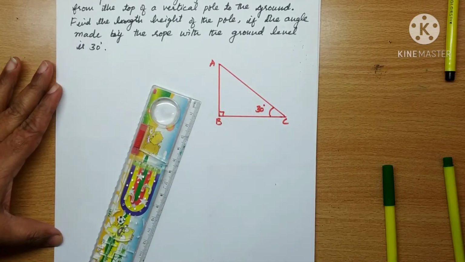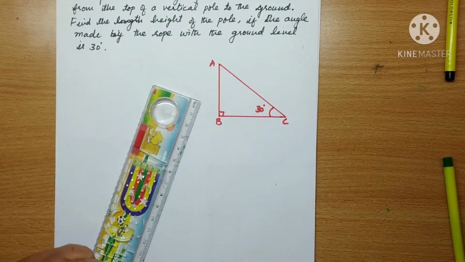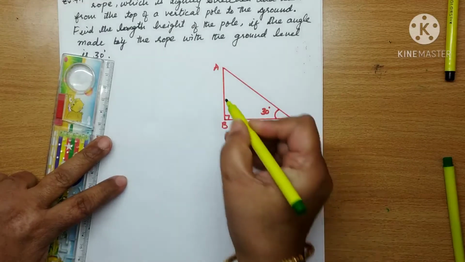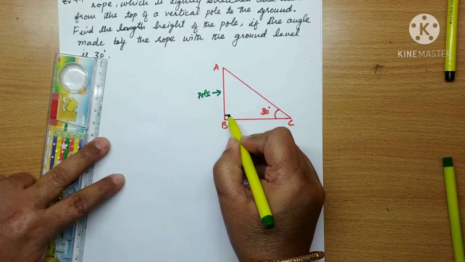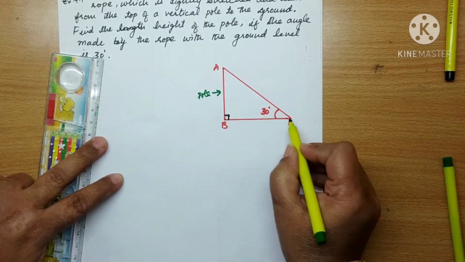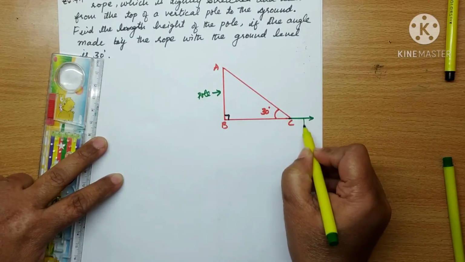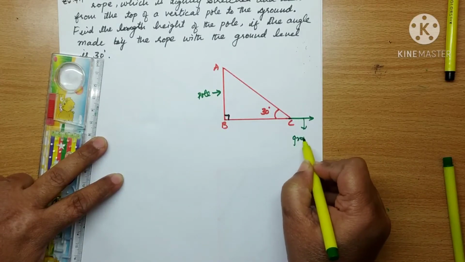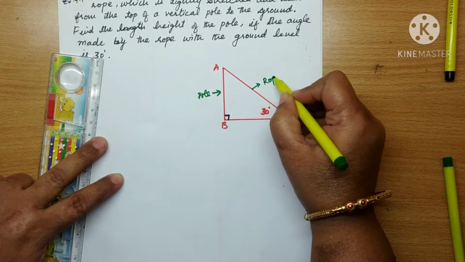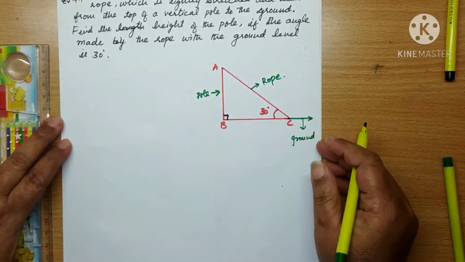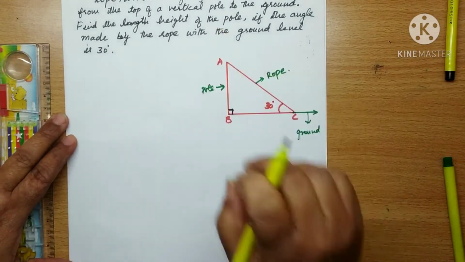from the top of a vertical pole to the ground. So if this is my pole AB, vertical means making 90 degrees with the ground, this is my ground, and AC is the rope. Artist is climbing the rope.